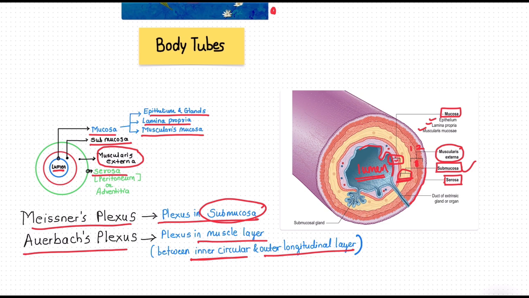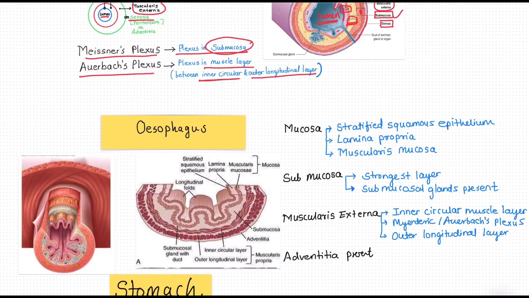Now let's see the basic structure of esophagus. So this is cut section of esophagus. You can see these longitudinal folds which are subsequent to the lumen. If there is a lumen, then these are longitudinal folds. Then there is a mucosa, which is composed of stratified squamous epithelium, lamina propria and muscularis mucosa again.